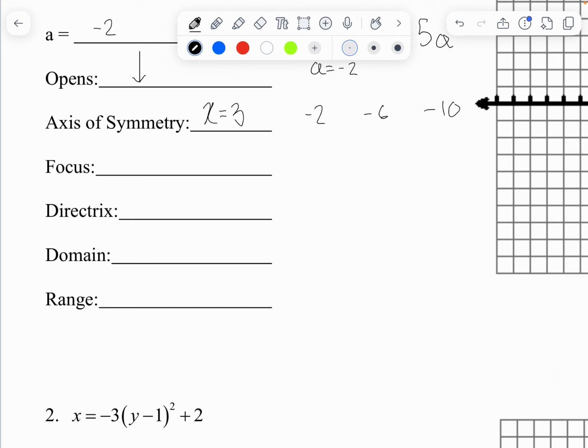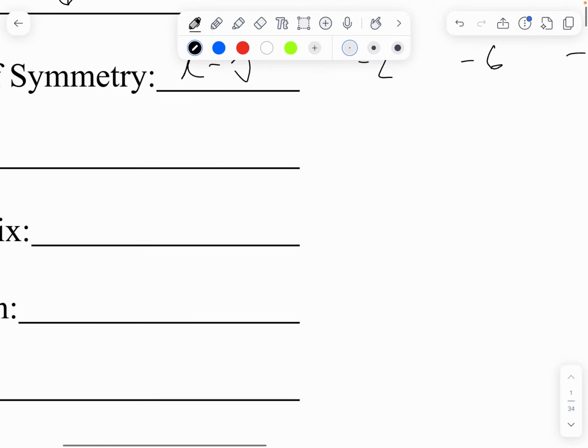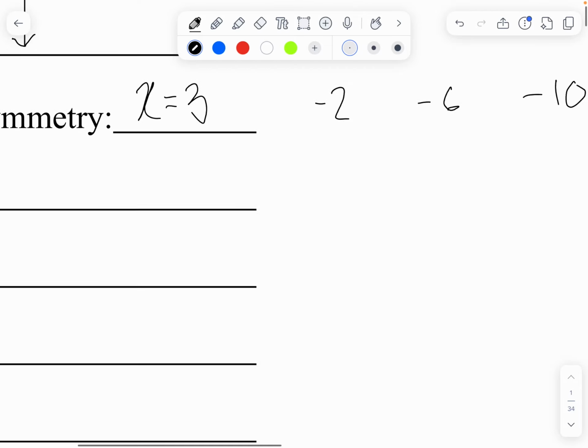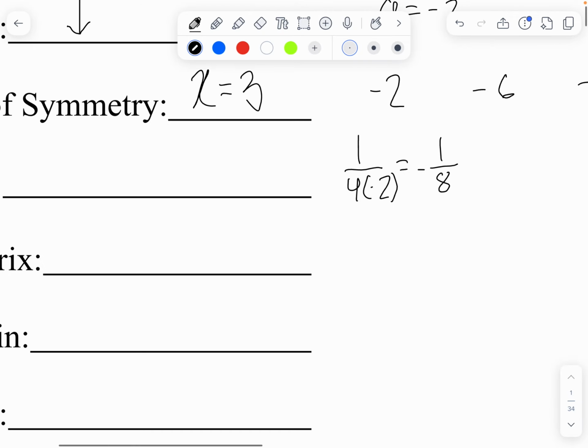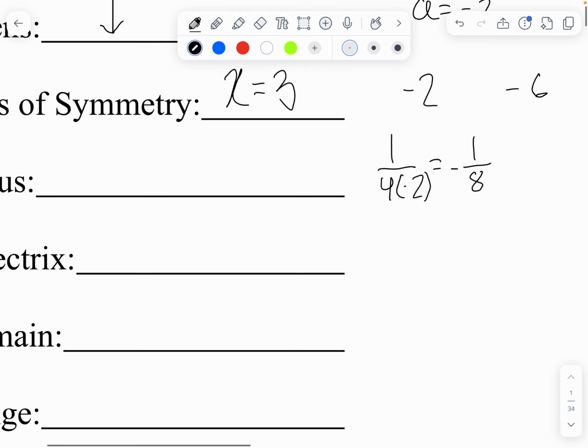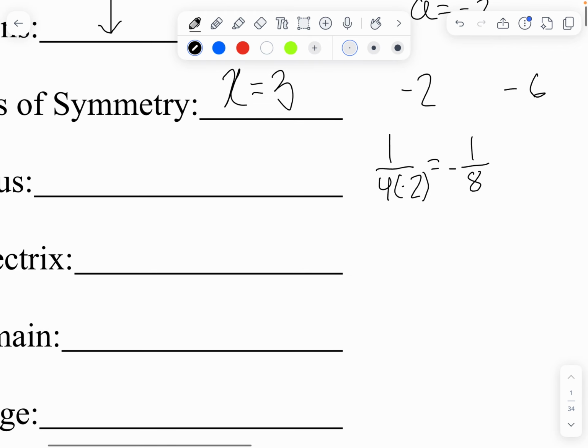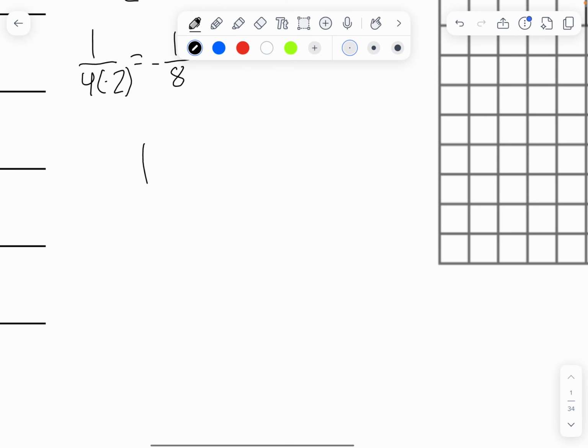To find the focus, all you have to do is do 1 over 4a. This is negative 2, and this equals negative 1/8. So that is the distance from the focus to the vertex. The focus is generally inside.